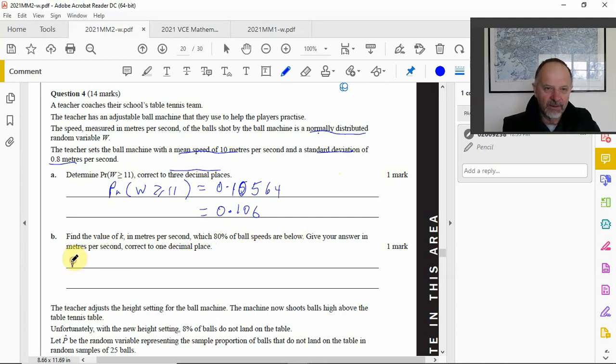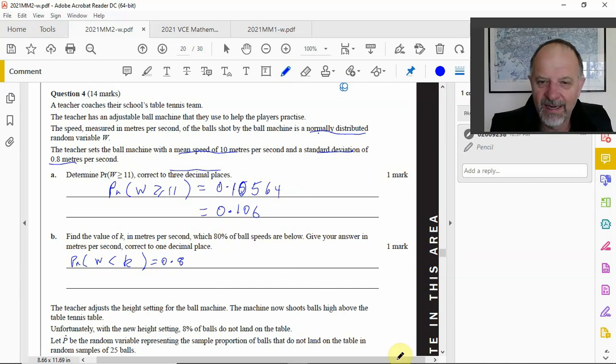So what are we doing? The probability that the ball speed is less than K, which we want speed below that, and how much we want is 80%, which is 0.8. All right, and so then we need to go to our calculator again.